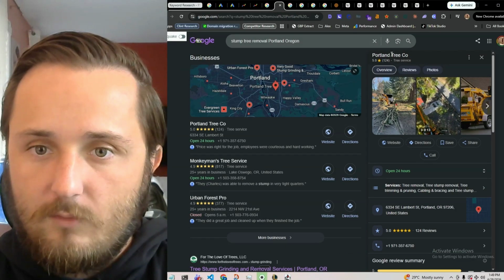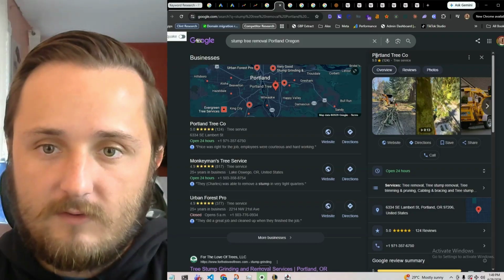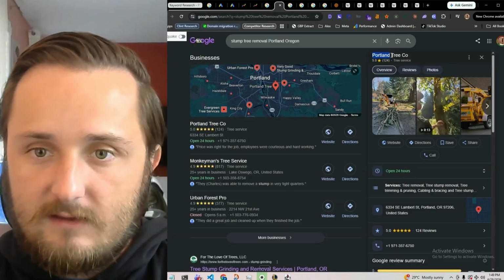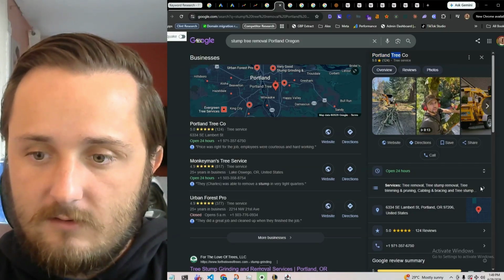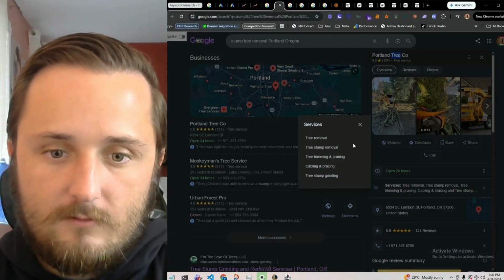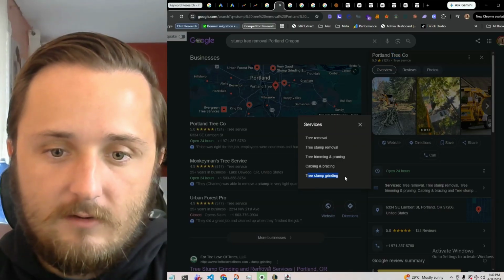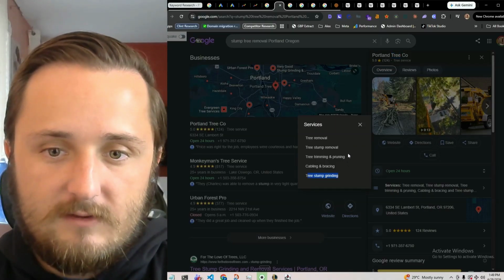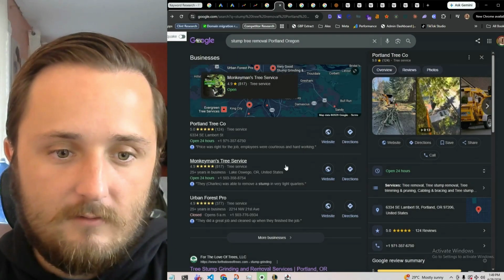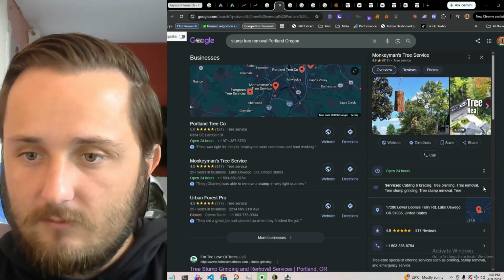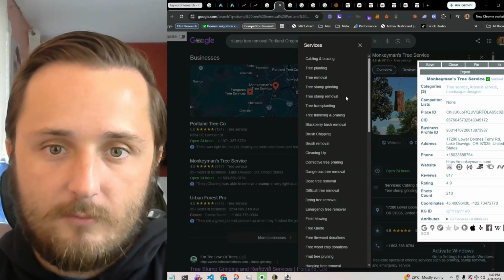We can see Portland Tree Co. They've got the city and they also have the keyword tree in there. We can look at their services. So there we go, tree stump grinding. And again, we're just looking at these to get a better understanding of what is currently working and what we need to consider doing on our profile.